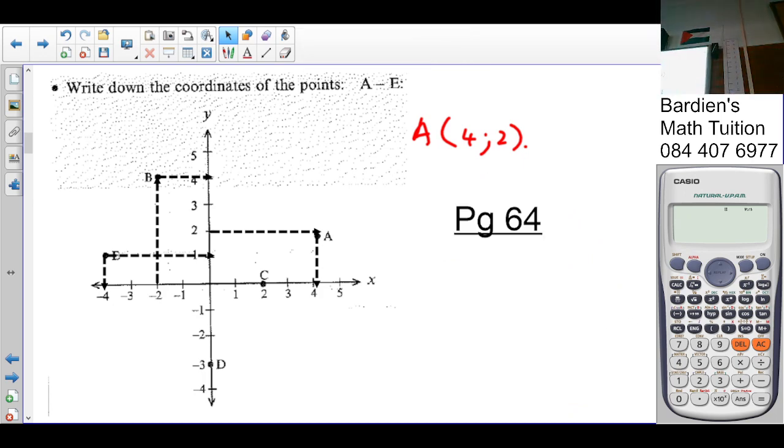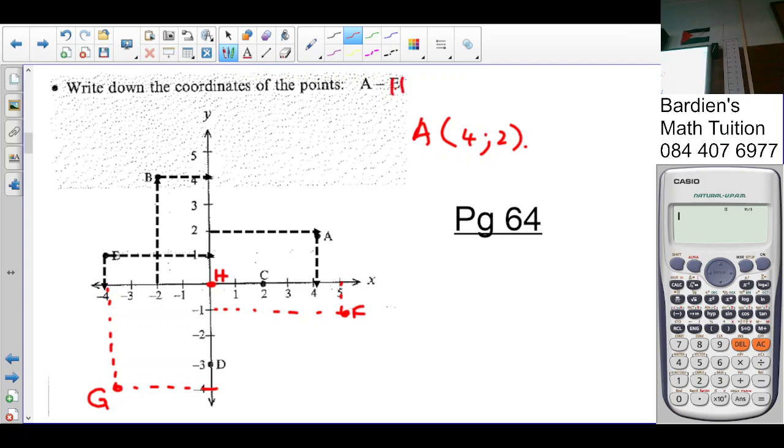Yes, you do B, C, D, E. I'm going to put the F somewhere. F, G, so what about H. Right. So instead of A to E, we're doing A to H. You don't have to redraw, just look from the board.